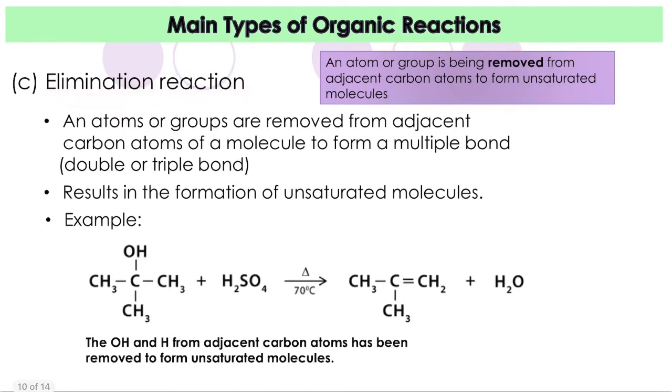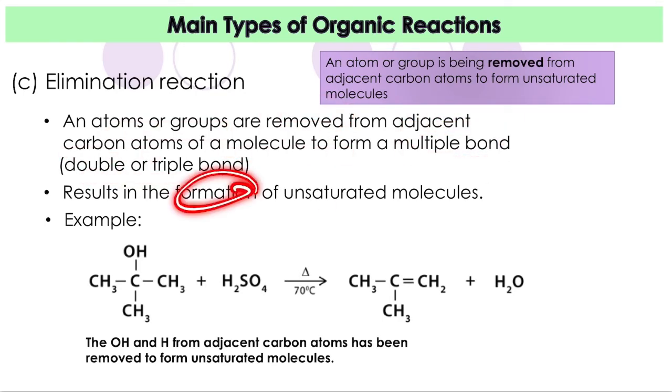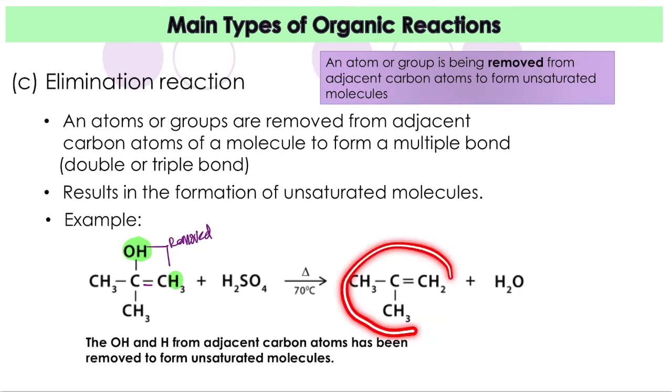Next, let's take a look at elimination reaction. So in elimination reaction, atoms or groups are removed from adjacent carbon atoms of a molecule to form a multiple bond. This will result in the formation of unsaturated molecules. So as we can see in this example, the adjacent carbon atom punya OH dan H itu will be removed dalam keadaan berasid dan suhu yang tinggi dan akan menghasilkan unsaturated molecules iaitu alkene dan juga 1 mol air.